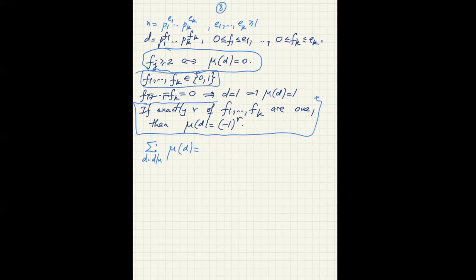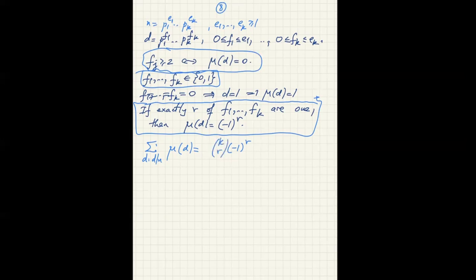And if we have the situation that exactly r of them are 1, then in that case, mu of d is going to equal -1 to the r. Well, how often does that happen? To get r, how many ways can you choose r elements from the set f1, f2, ..., fk? It's k choose r.